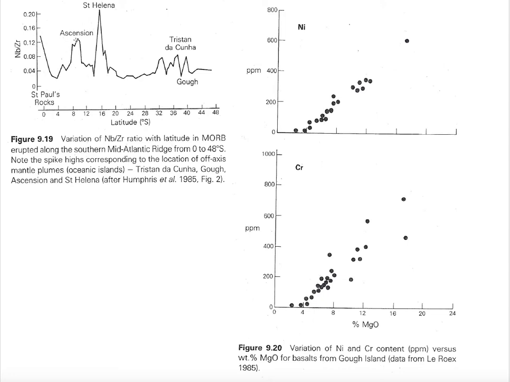Here we have Ascension, St. Helena, and Tristan da Cunha, and the Gough, and here we have the latitude. Now we can compare how the niobium-zirconium ratio varies with latitude, erupted along the southern mid-ridge from 0 to 48 degrees south.